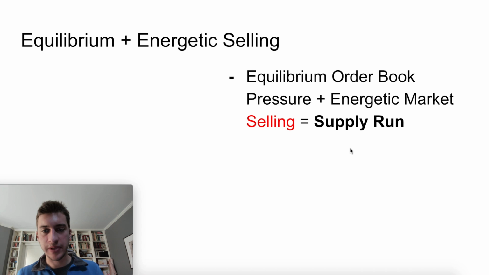You're likely to get a supply run because if, let's say there are 50 Bitcoin limit bought at the very top of the order book, 50 Bitcoin to be limit sold at the very bottom of the order book, and you're just seeing heavy market selling where you see an order of 14 Bitcoin market sold, then 2, 3, 0.1, 0.2, just everyone's market selling, price will likely go down as a supply run.